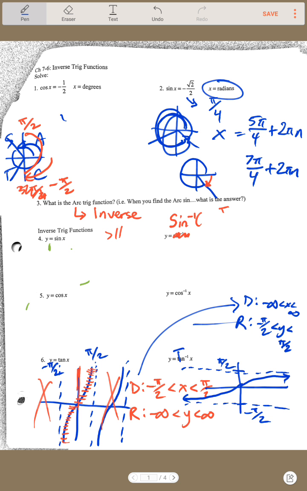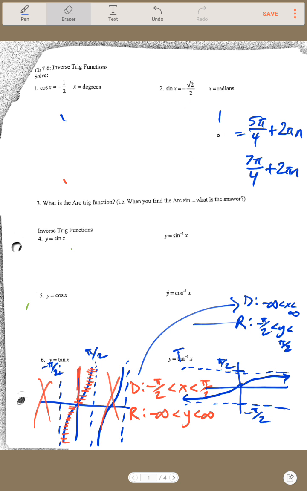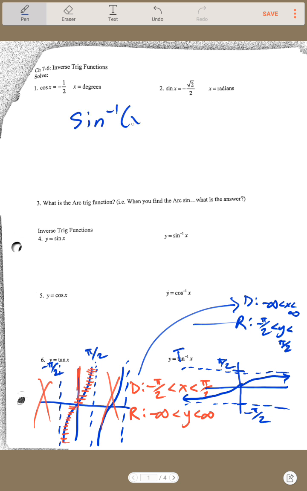Okay. So, as a recap, in terms of all of the inverse trig functions, we have inverse sine, inverse cosine, and inverse tangent. In terms of what's important about those three trig functions, we should keep in mind that in order for us to have the inverse sine, it must be restricted to the domain where it goes from negative pi over 2 to pi over 2.